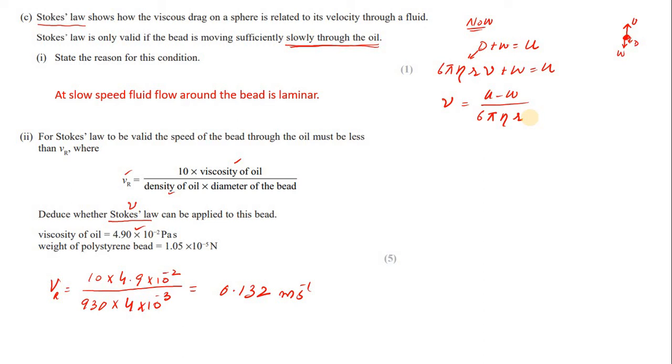Now you have everything: the upthrust from your previous part, the weight W given here, 6 pi constant, eta the viscosity, and r the radius, which is half of the diameter. So put in all the numbers.